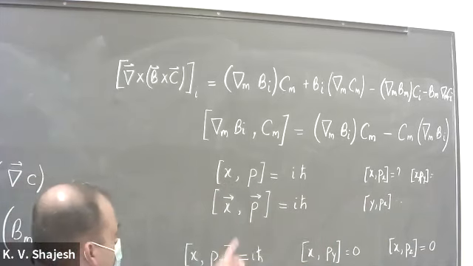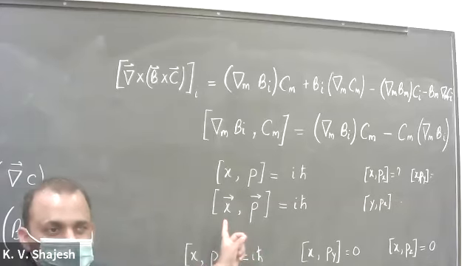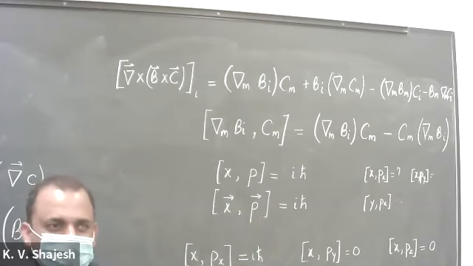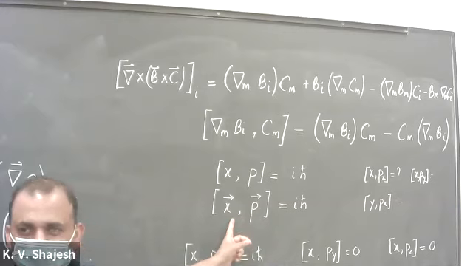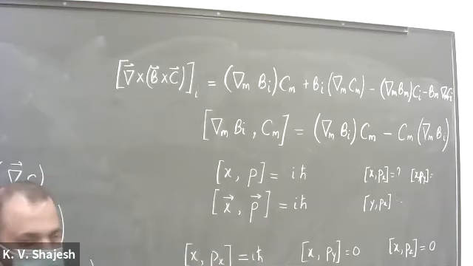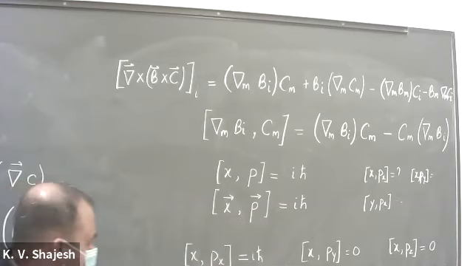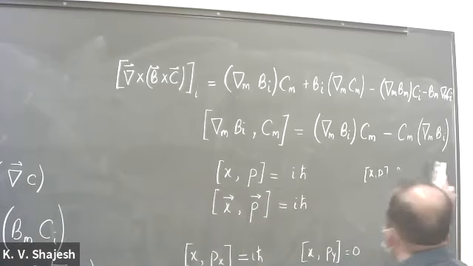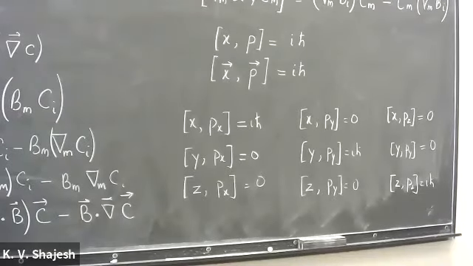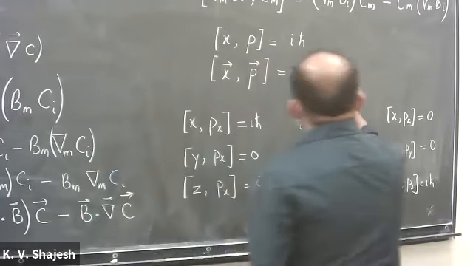3 iħ. What is on the left hand side? Is this a scalar, a vector, or a tensor? What is this equal to? Let's write that explicitly. So I'm asking this.